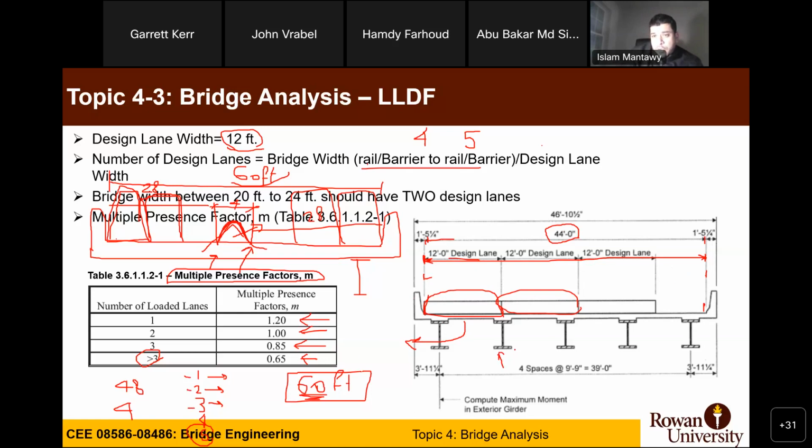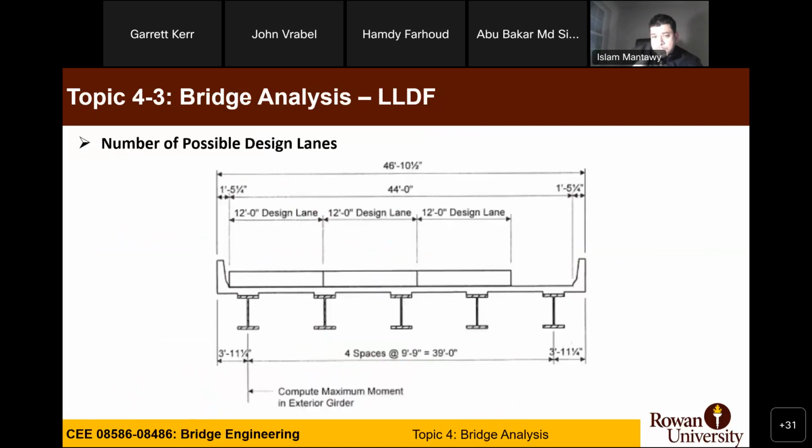Any questions so far? If no questions, I'm going to keep moving. This is the same image. What you need to do is, you have the bridge, and you have to subtract the barrier width from the total width. You will get whatever distance from edge of the barrier to the edge of the barrier.